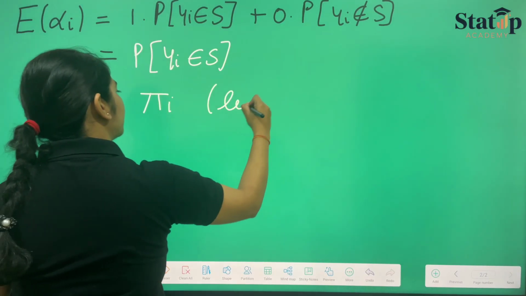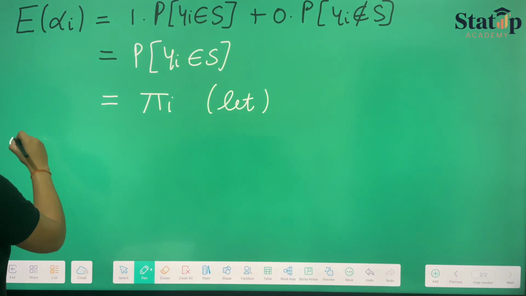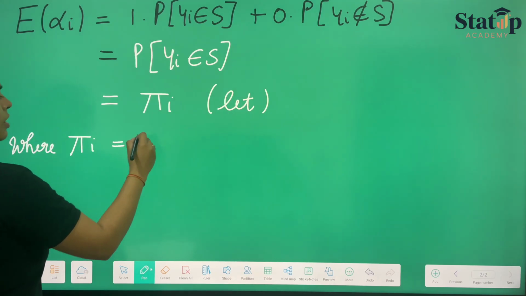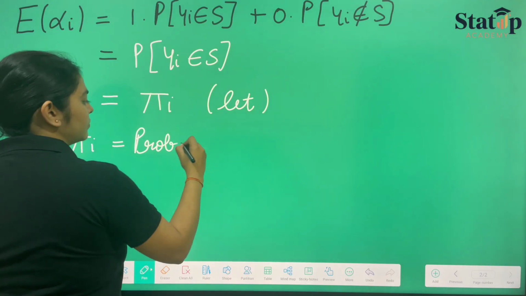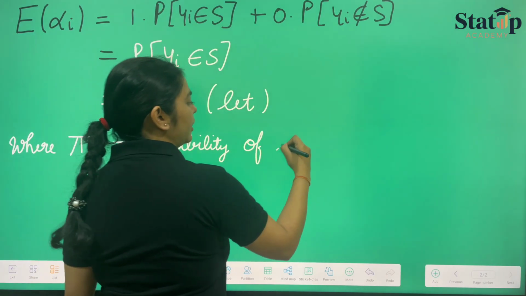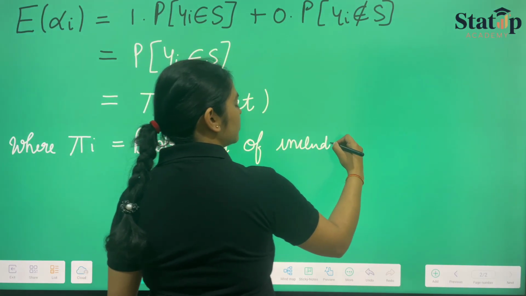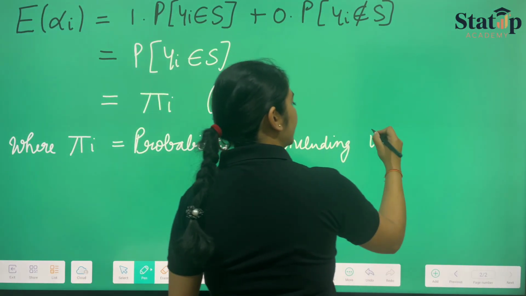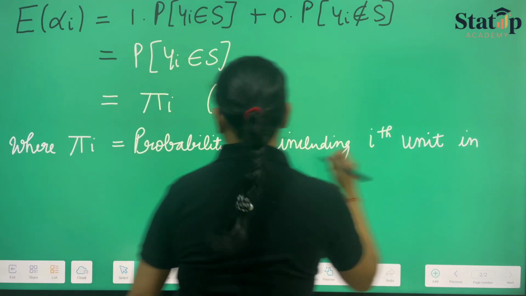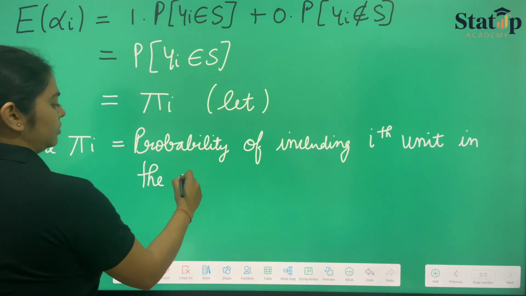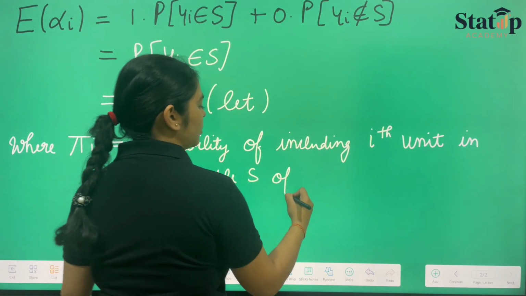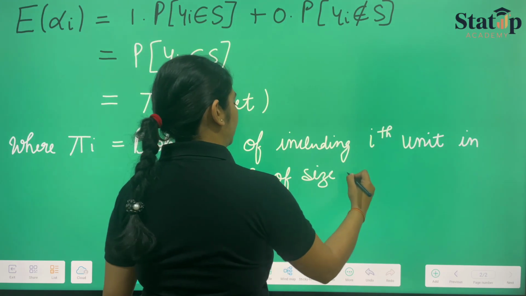Let us take this as pi i, where pi i is the probability of including the ith unit in the sample S of size small n.